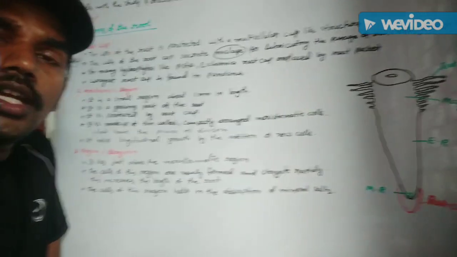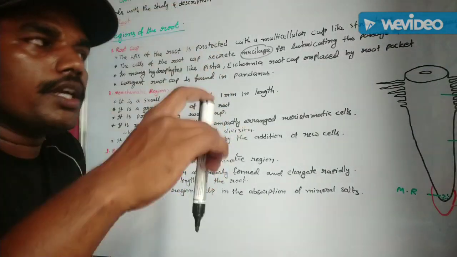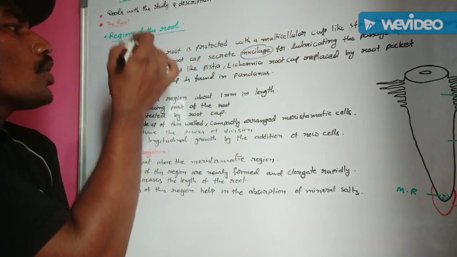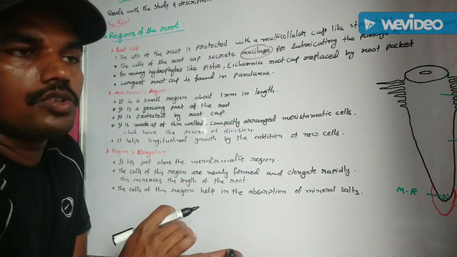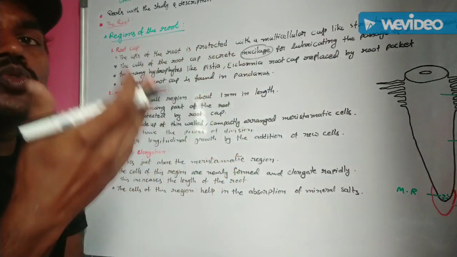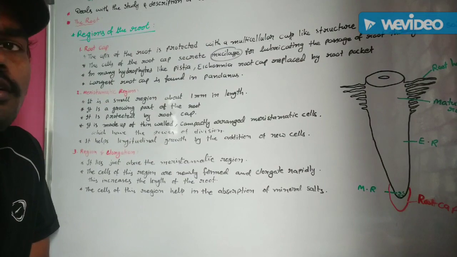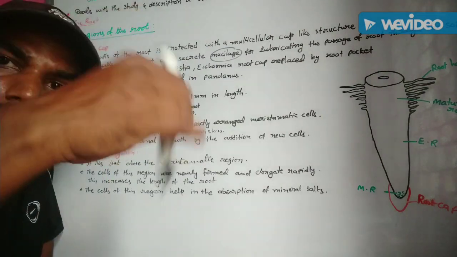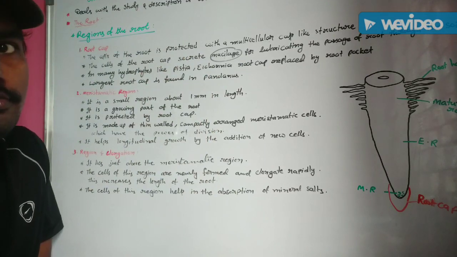For the root to lubricate in the soil, the root cap secretes mucilage. Because of this, the root easily penetrates the soil with lubrication.